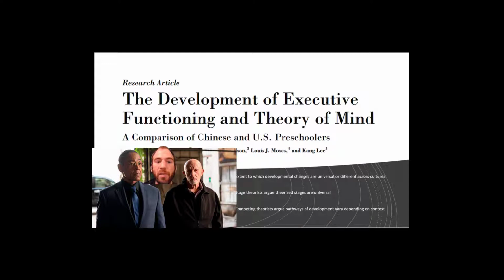All right, another component, universality versus context specificity. The extent to which developmental changes are universal or different across cultures. Stage theorists argue theorized stages are universal. Competing theorists argue pathways of development vary depending on context. So, continuing on with our previous slide, building on that. So you have stage theorists.